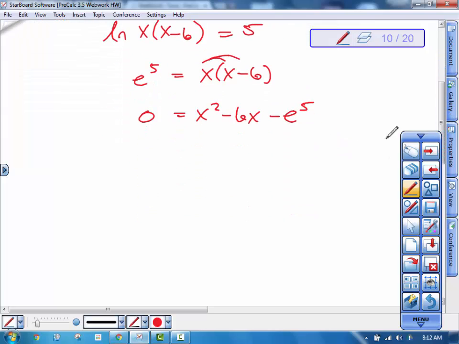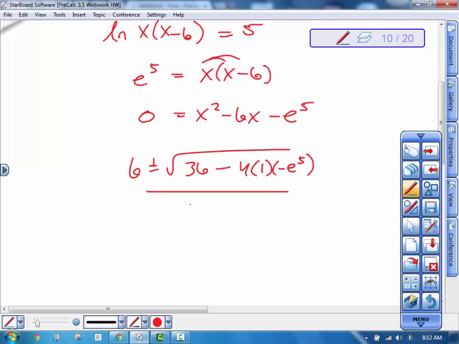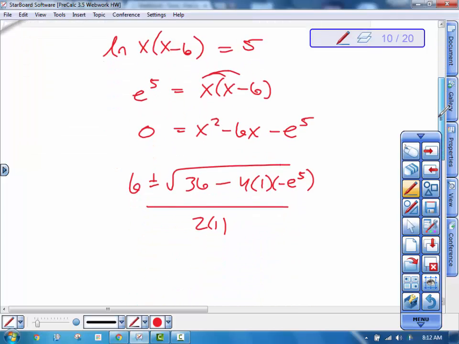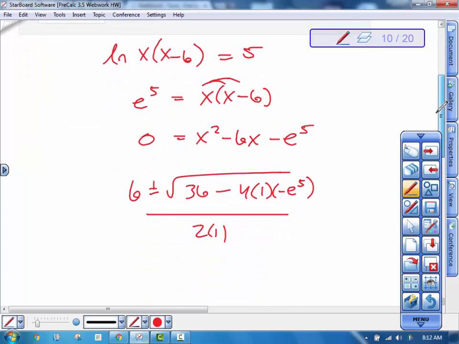And so I'm using the quadratic formula now on this, where you have the opposite of b plus or minus the square root of b squared minus 4ac, all over 2a. And obviously it's going to give you an irrational answer, and it wants just one of those, so one of them must be extraneous.